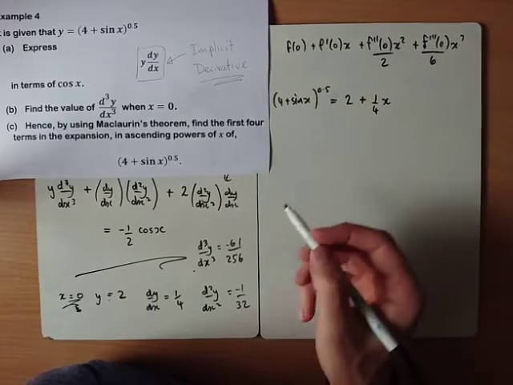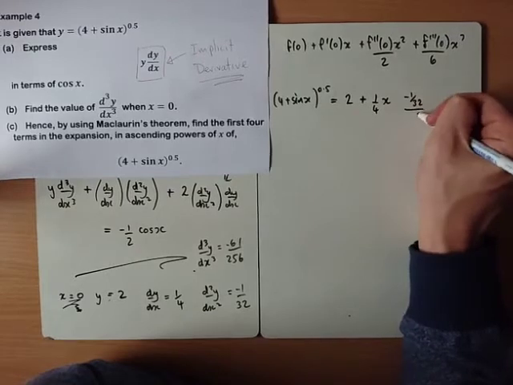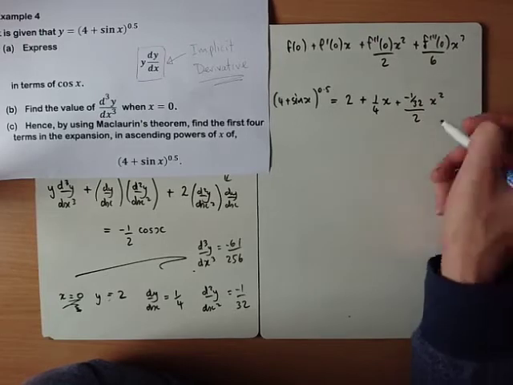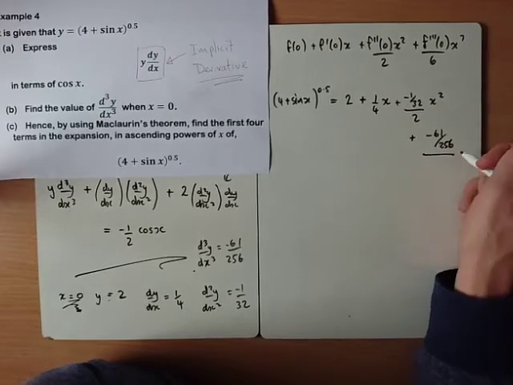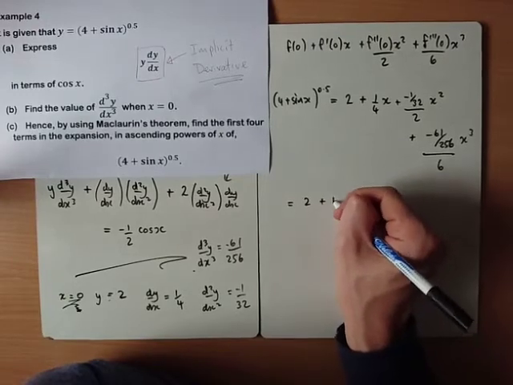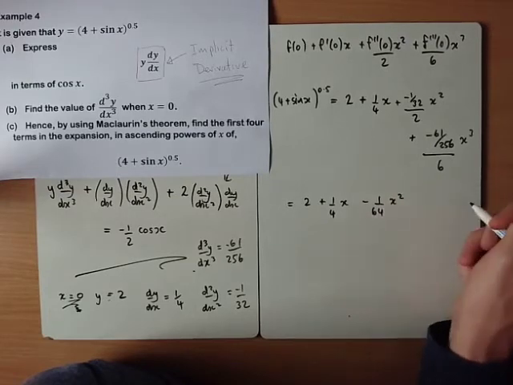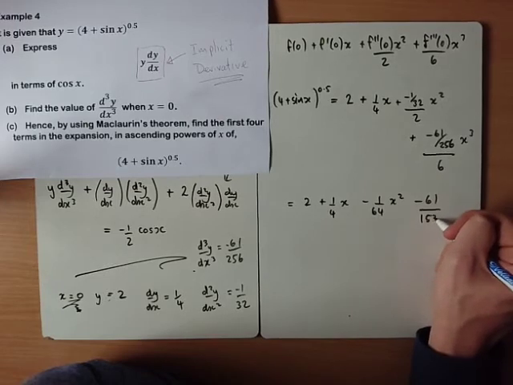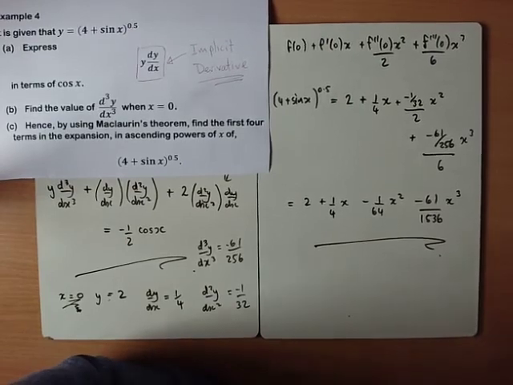F double dash, which was minus 1/32, divided by 2, x squared. And the third derivative, which was minus 61/256, divided by 6, x cubed. So we get 2 plus a quarter x minus 1 over 64 x squared minus 61 over 1536 x cubed. Alright. Nice one, guys.